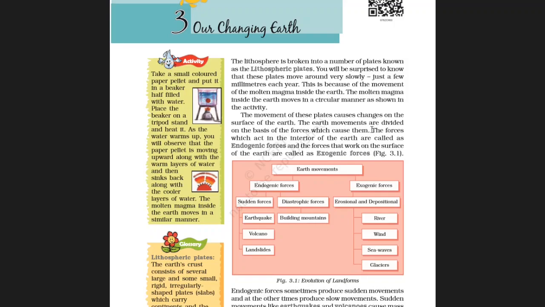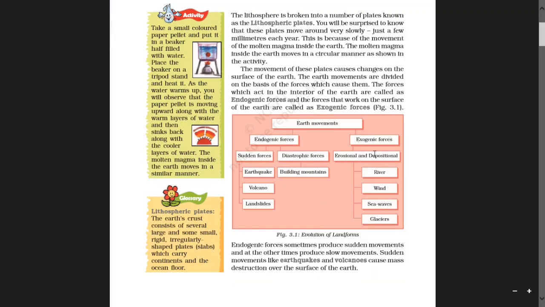The forces which act in the interior of the earth are called endogenic forces, and the forces that work on the surface of the earth are called exogenic forces. Boys, you underline both these terms. You may be asked what are endogenic forces and what are exogenic forces, so you have to know these two.